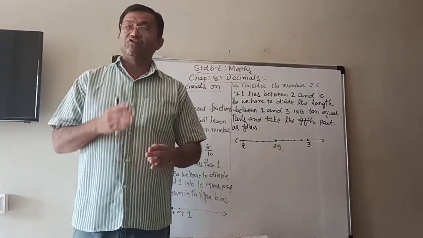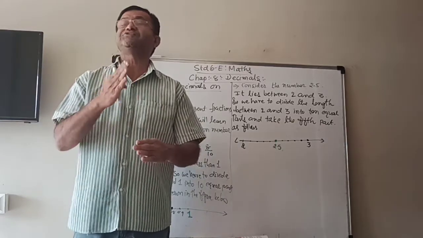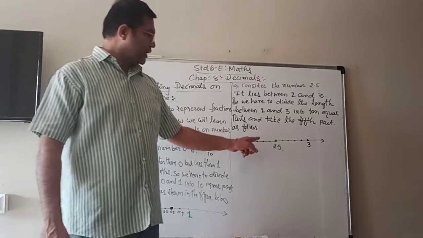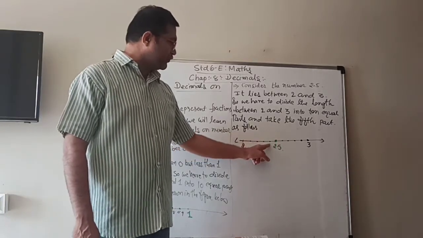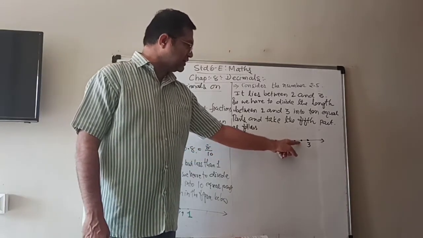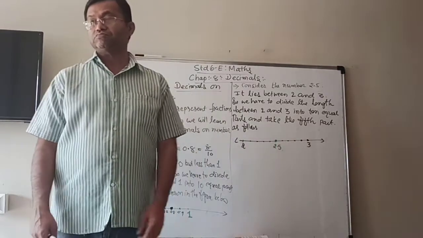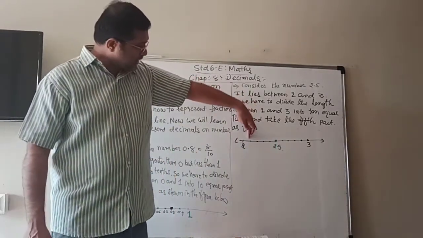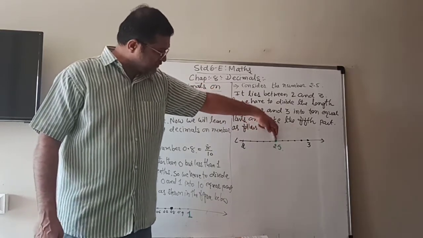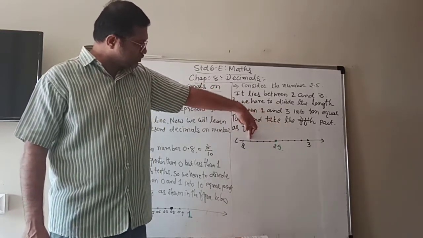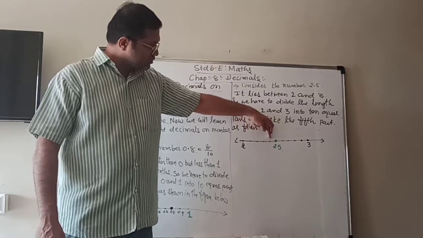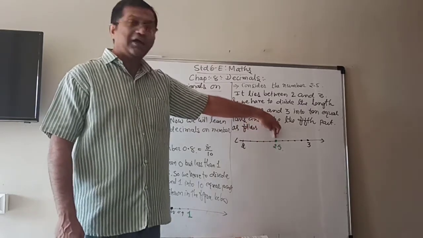And then we have to take the 5th part. Look here, 2 and then we make 1, 2, 3, 4, 5, 6, 7, 8, 9 and 10 parts. Now we have to take the 5th part. So first, second, third, fourth and 5th. That will represent 2.1, that will represent 2.2, 2.3, 2.4, 2.5.